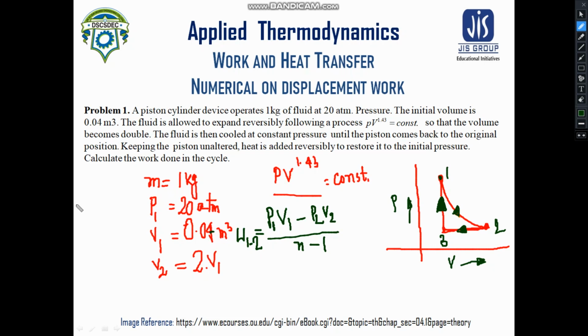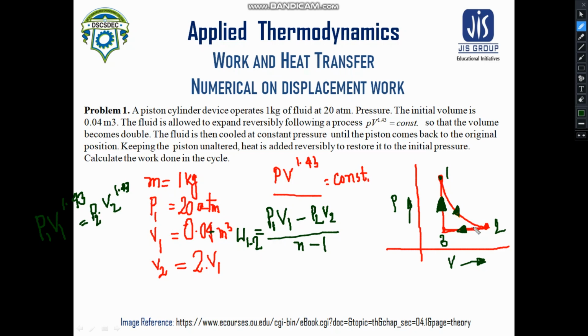Now you also know that P1 V1 to the power 1.43 is equal to P2 V2 to the power 1.43. Now I think there should be no question about this statement, because you know PV to the power 1.43 is constant.